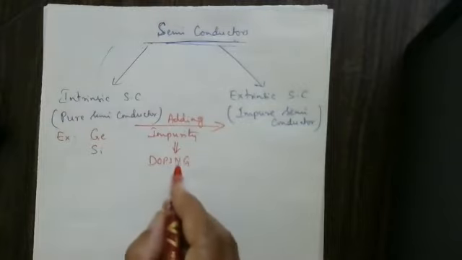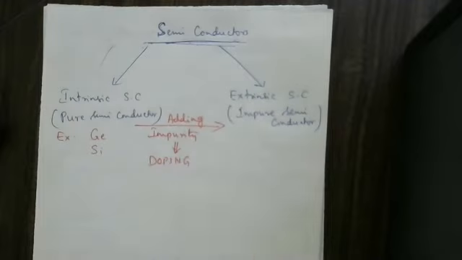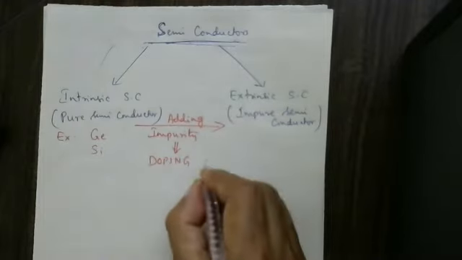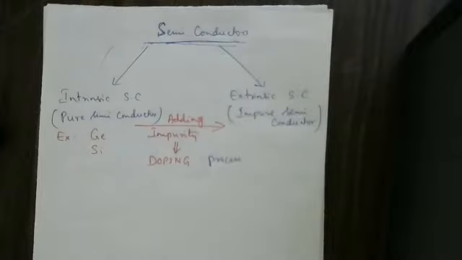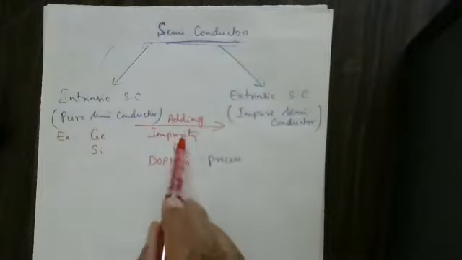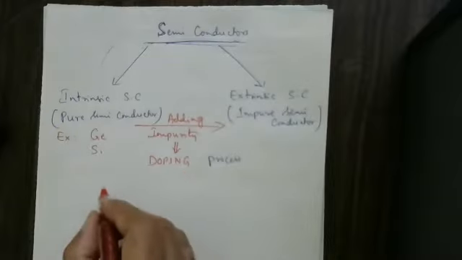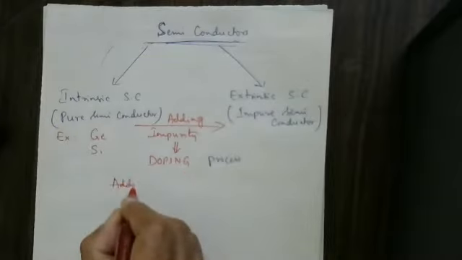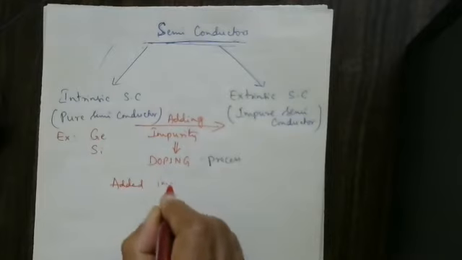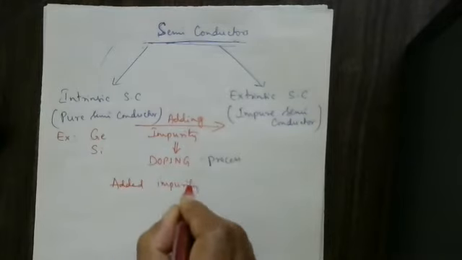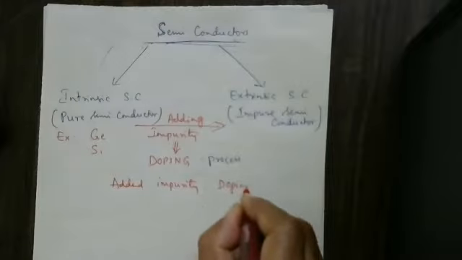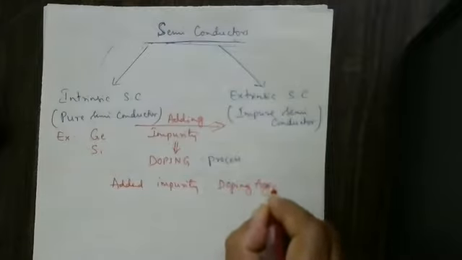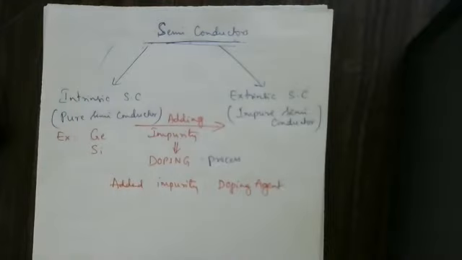Doping is the process of addition of impurity, and the added impurity is called the doping agent.